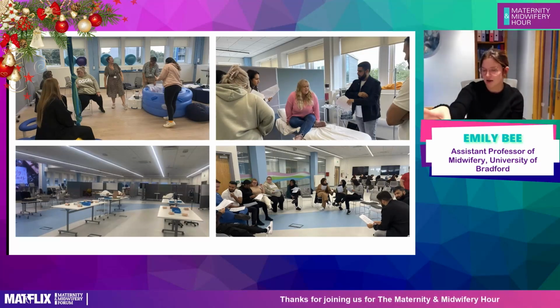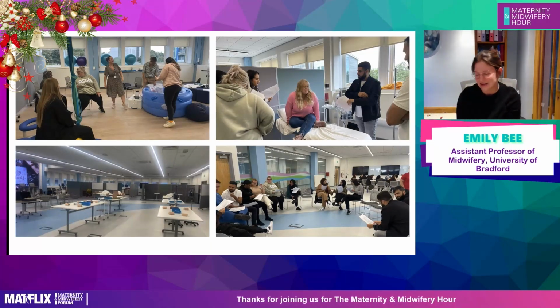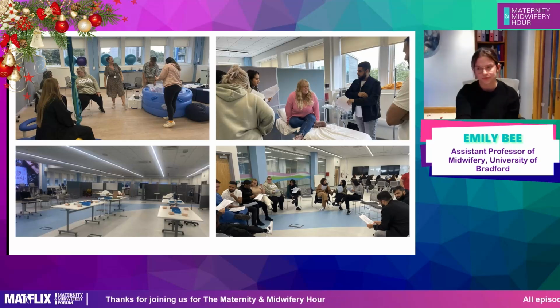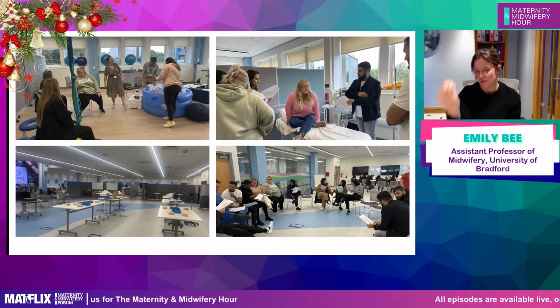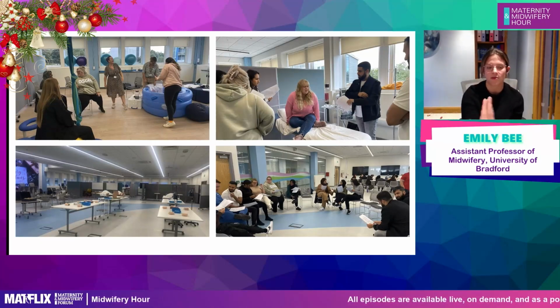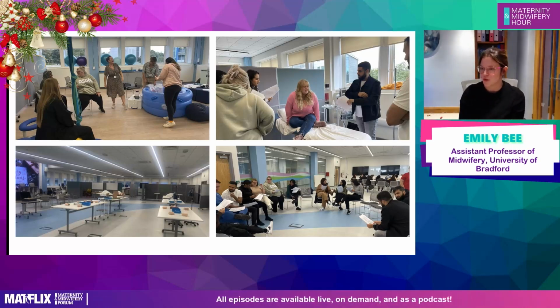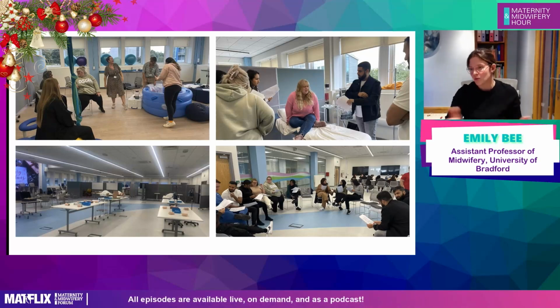The top right-hand corner, we had a fantastic IPE session with our physician associate colleagues, and the lady on the bed there is an actor who was in early labour. The big group is a debriefing session, and then we've got how the room could be set up with clinical skills. These are just some examples of how we've been using the room in 3 months, but the scope of how we can use it as a dynamic teaching space will just continue.